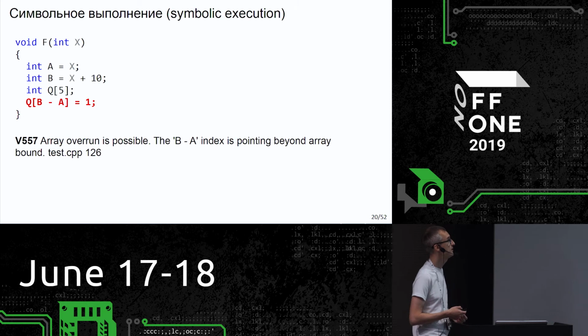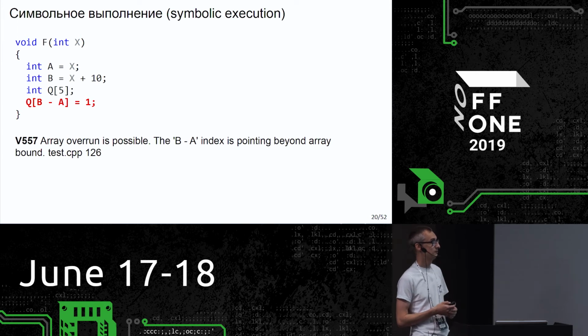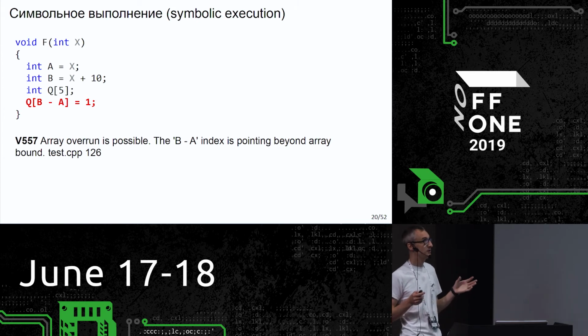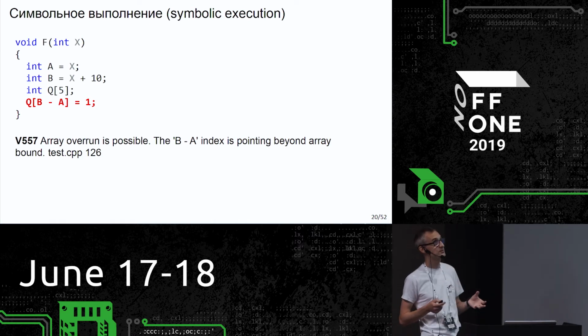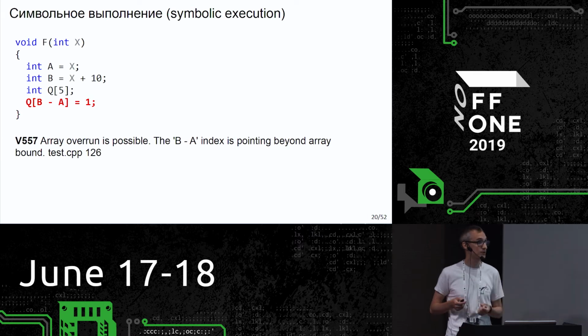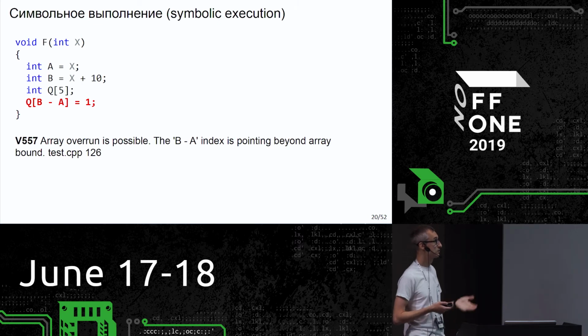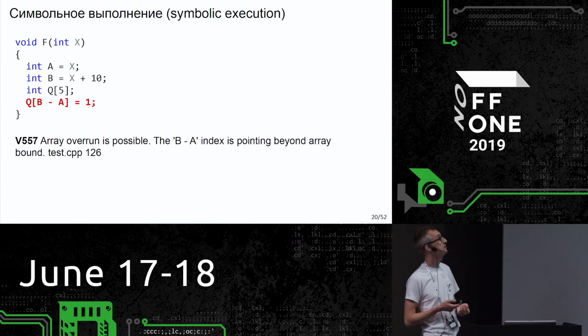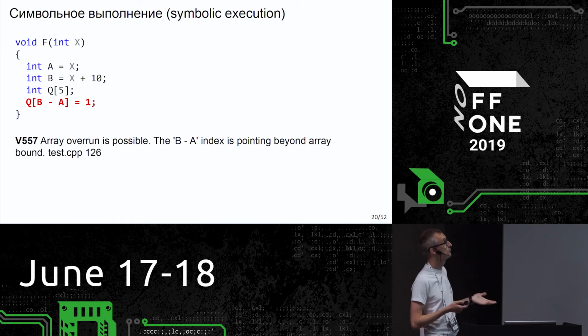Moving further, symbolic execution. It's easier to analyze and understand, and an analyzer is just solving a simple equation. We have a and b here. We don't know what x means here. It can have any value, but we can conclude that in such a situation, if we try to use a and b variables as the index of array by deducting a from b, we will be addressing the element that is outside the boundaries of the array.